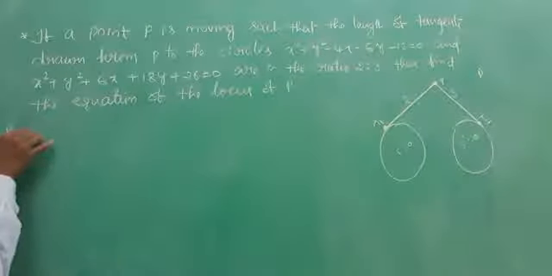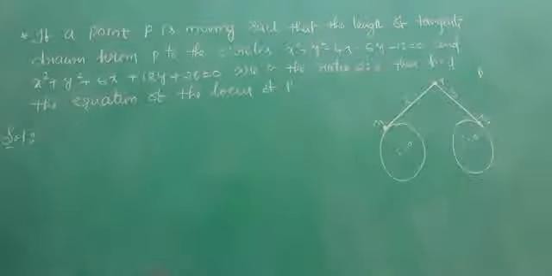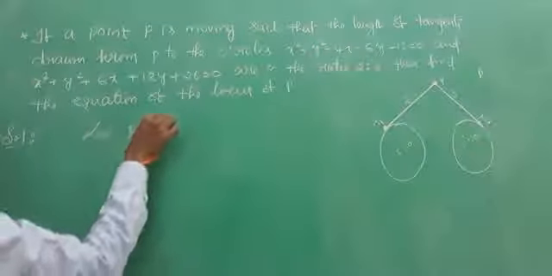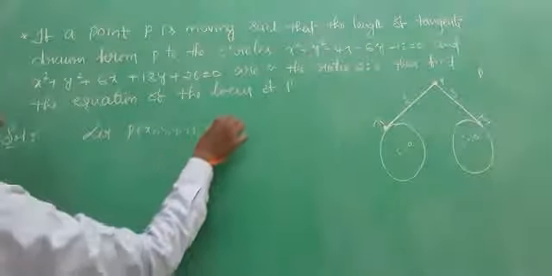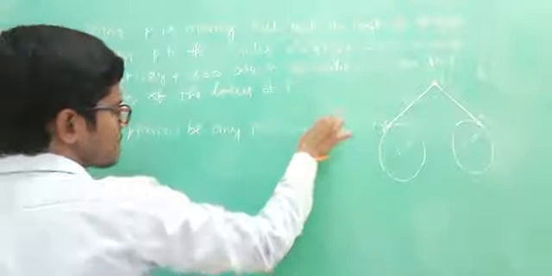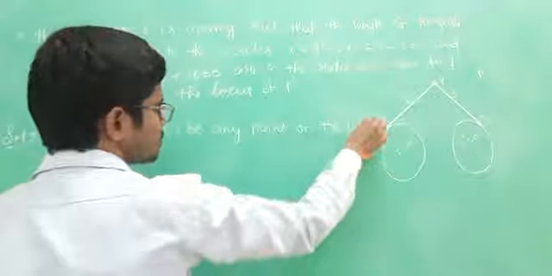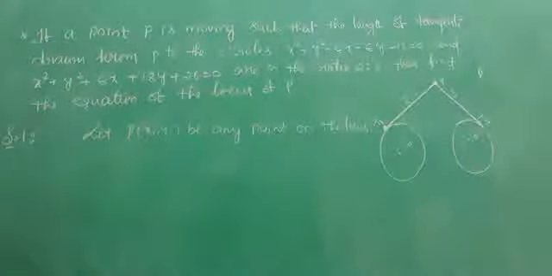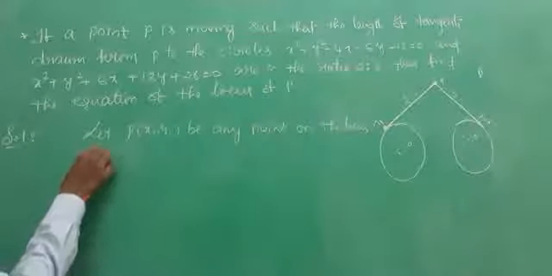It's very important for a 4 marks question. Let P(x1, y1) be any point on the locus. Clear? So what are the circle equations?